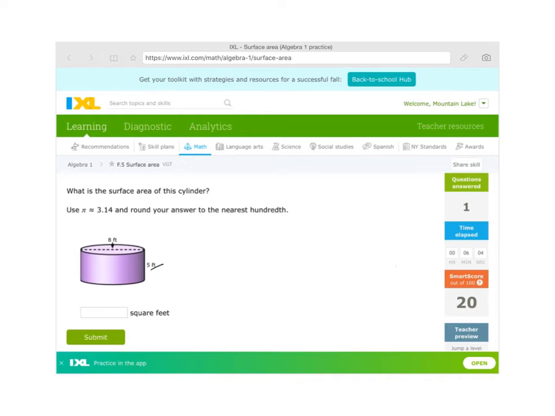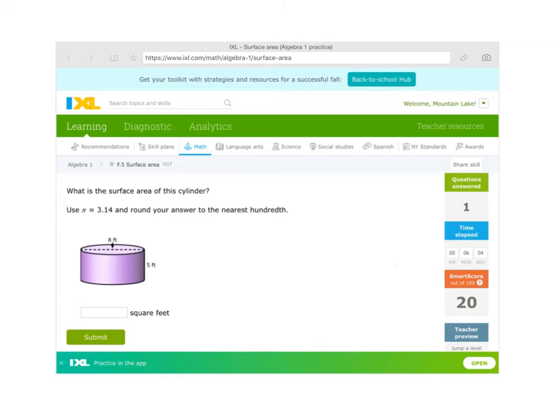So let's use the radius. What is half of 8? It's 4. So the radius is 4. So pi r squared at the top and the bottom will become 2 pi r squared. So let's plug that in.